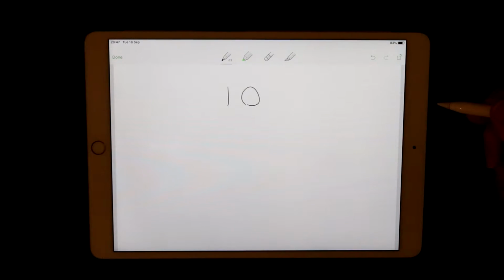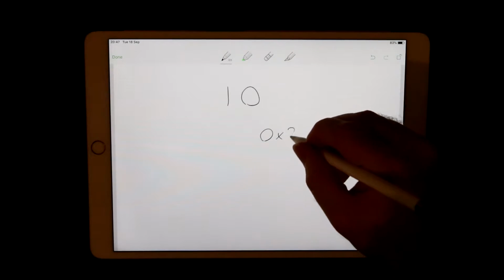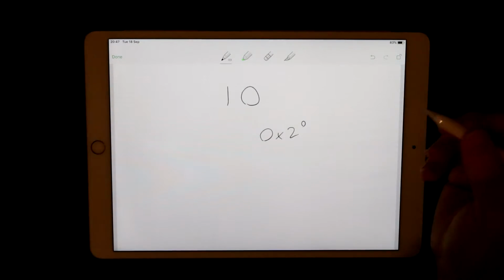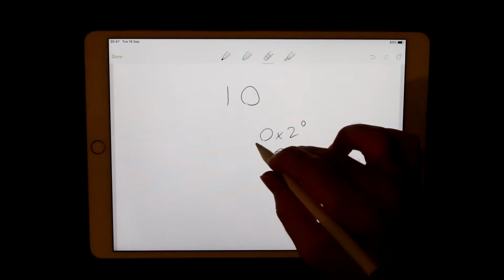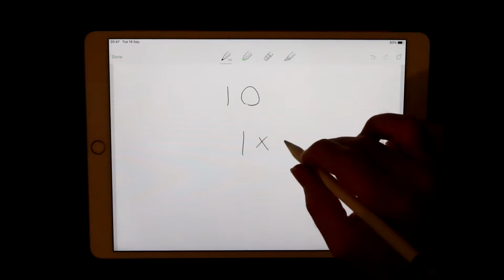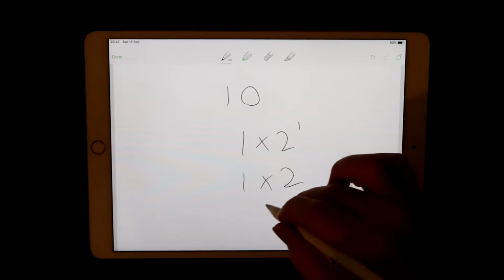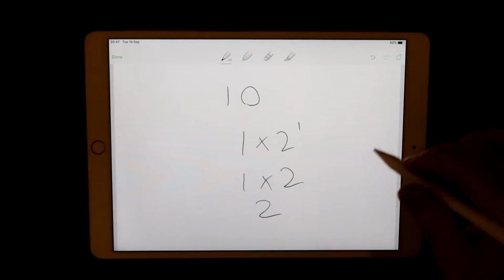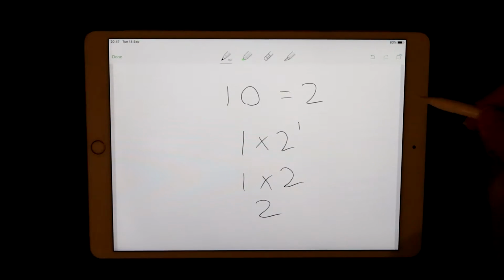We don't say 10 in binary. So we have 0 multiplied by 2 to the 0, which, as we know, is 0. Then we have 1 multiplied by 2 to the power of 1, so 1 multiplied by 2, which is 2. So 1 0 in binary is 2.